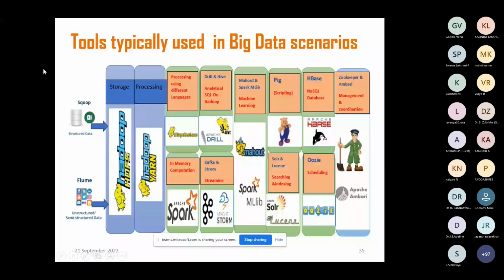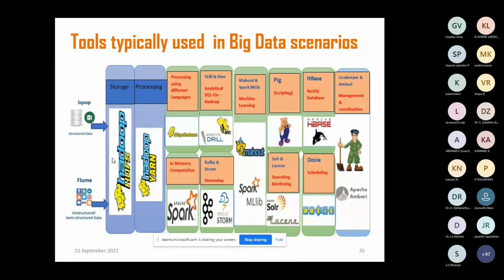The more popular one is HDFS, Hadoop Distributed File System, which is part of the Hadoop framework. The moment you install it, you get HDFS installed by default. That is the file system which provides a facility to store your big data.